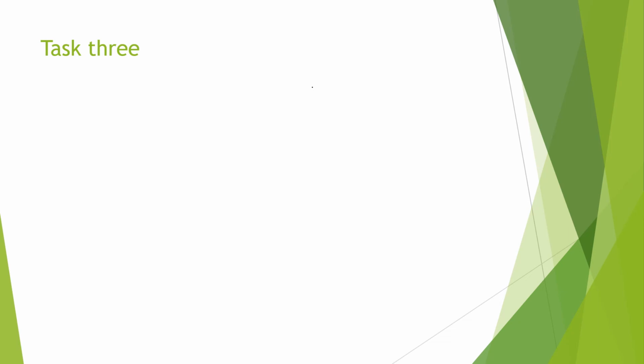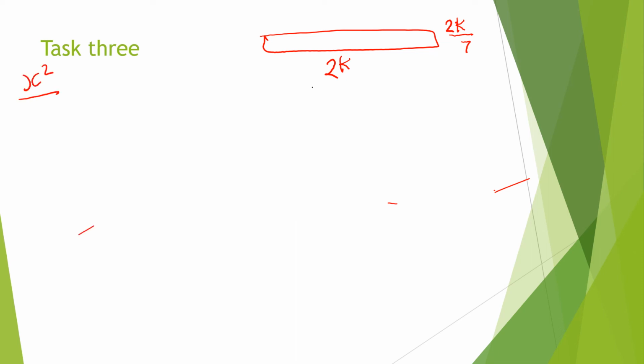Okay, so remember the breadstick. It says the width of the breadstick is 7 times the height. So you can assume whatever. If I could say that k is the width, so k over 7 is the height. But because I'm going to halve it into 2 parts, so 7k over 2 to substitute instead of x as in task 2, it's better to have the width as 2k, so the height will be 2k over 7, and substitute it in the equation.